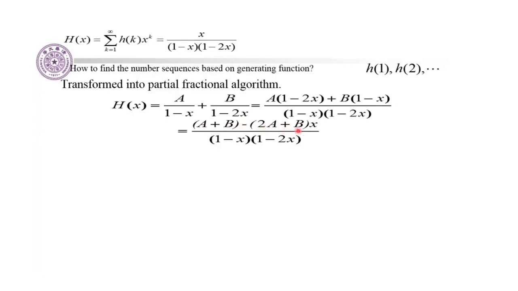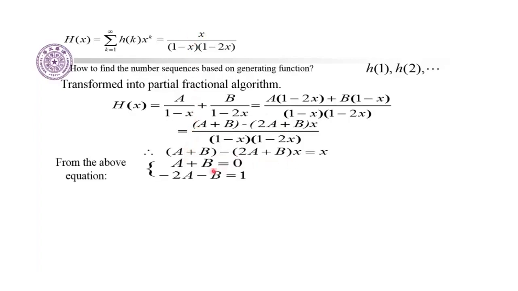Thus, we know a plus b minus (2a plus b)x should be equal to x. So the constant term a plus b should be 0, and the corresponding coefficient of x, negative 2a minus b, should be 1. Then the two undetermined coefficients can be completely solved through this equation set. We obtain a is negative 1, b is 1.